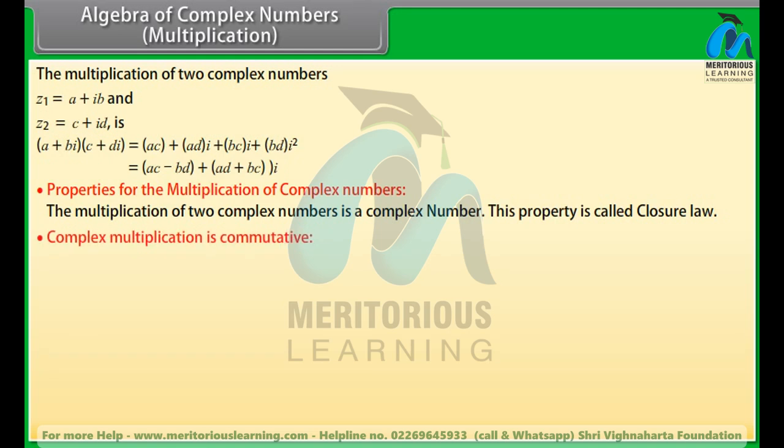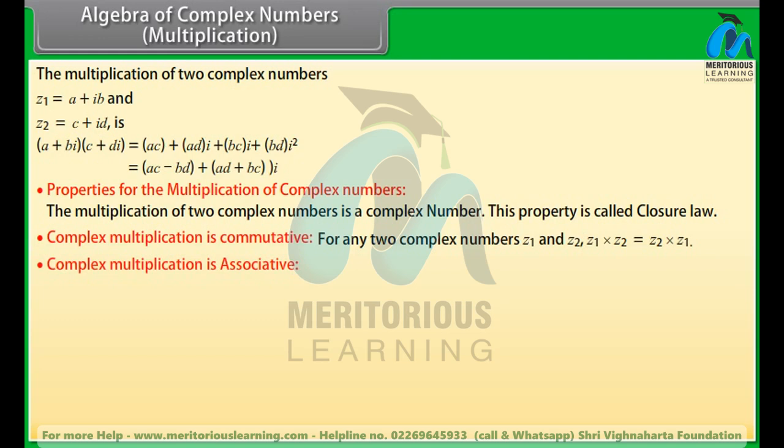Complex multiplication is commutative. For any two complex numbers z1 and z2, z1 into z2 is equal to z2 into z1. Complex multiplication is associative.